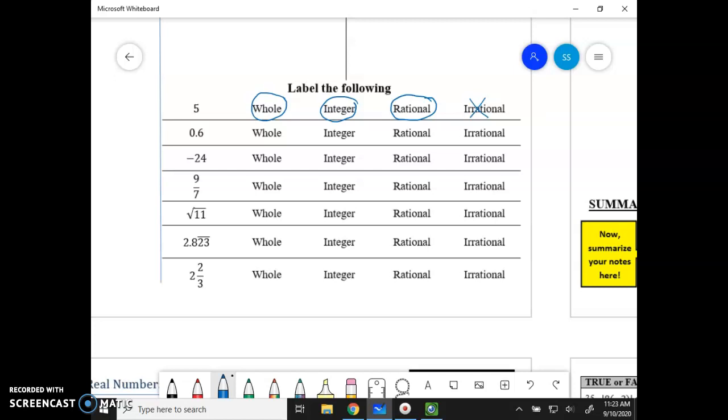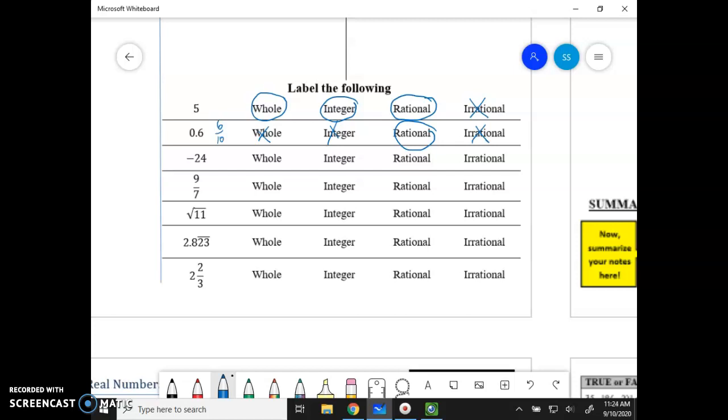Is that a whole number? No, a whole number is like an actual number, like 1, 2, 3. This is 6/10, and so I could write that as a fraction, right? So this is not whole, definitely not an integer, but it can be represented as a fraction, so it is rational. And you can't be rational and irrational, so it's definitely not irrational.